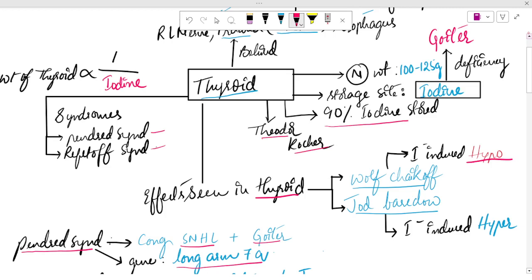If there is iodine induced hyperthyroidism, then that is called the Jod-Basedow effect, or the Jod-Basedow phenomenon, right?